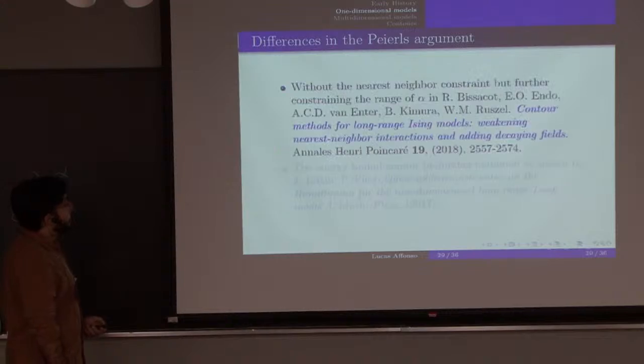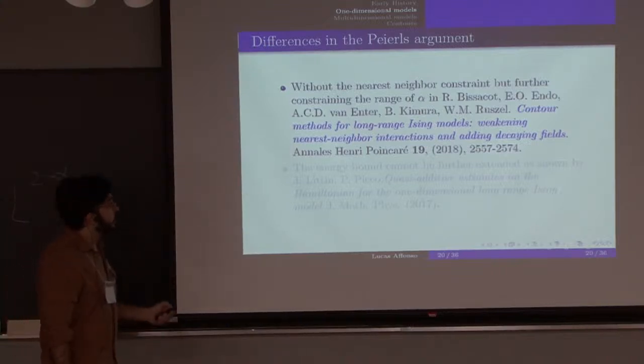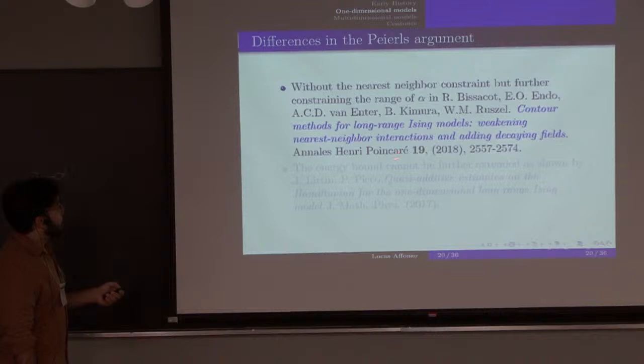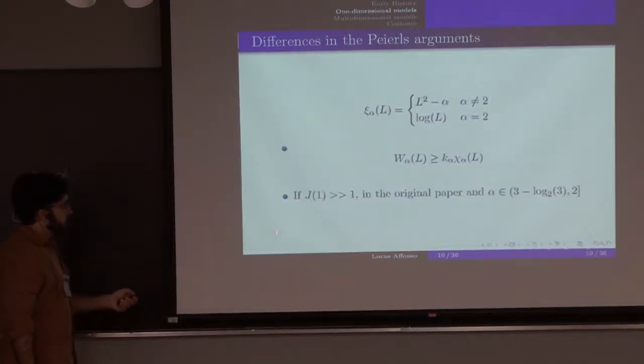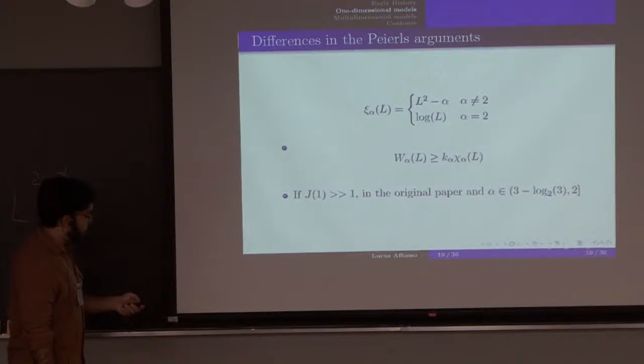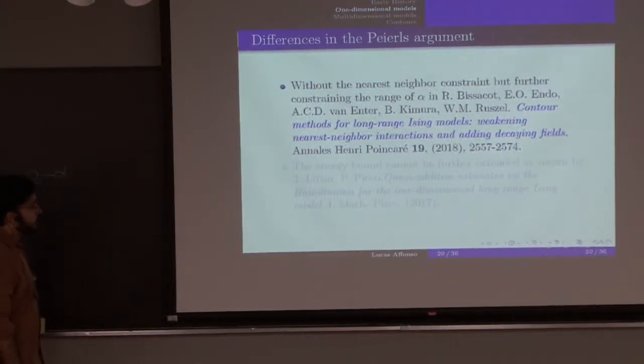After that, without the nearest neighbor constraint, but you need to put another constraint on alpha, there is this result by Bissacco, Van Enter, Kimura, and Ruszel, where they take this hypothesis away, but they need to further restrict the range of alphas where it applies.